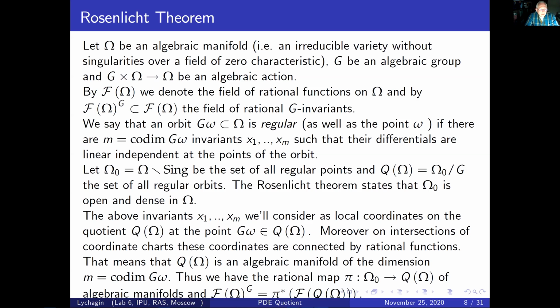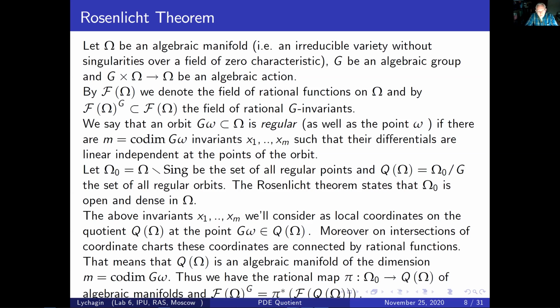Okay, F of omega will be rational functions on this, and the standard F of omega to the degree G is the field of rational G-invariants. Now, it's not exactly what Rosen-Lychagin proposed, but it's what we get simply from experiment.